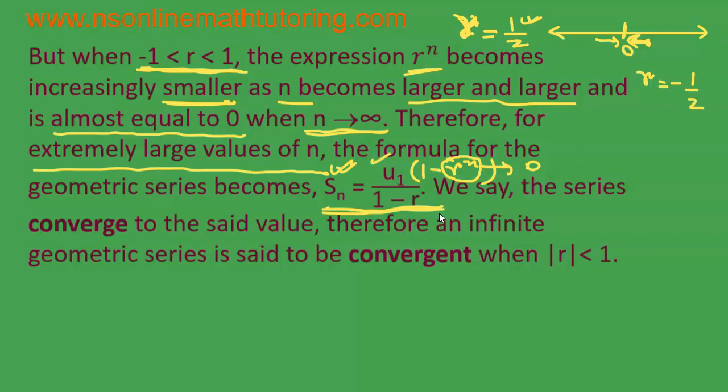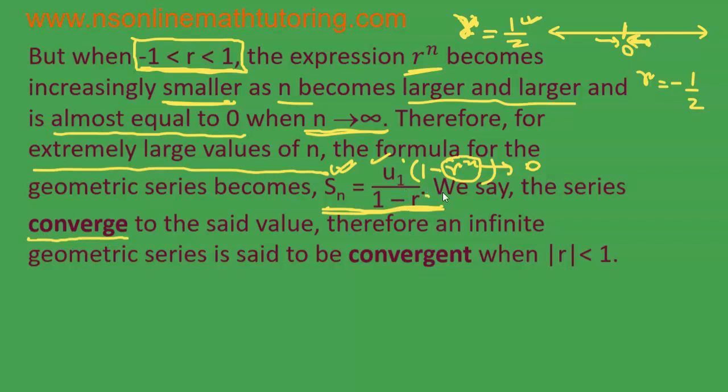This is applicable only when the geometric series has a common ratio between negative 1 and positive 1. And in this case, because there is no n in this formula, u1 is fixed, r is fixed for the infinite geometric series. Therefore, we may say that the series converges to the said value.